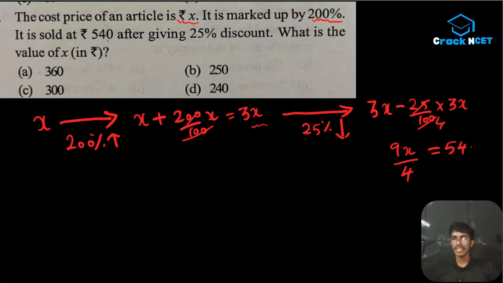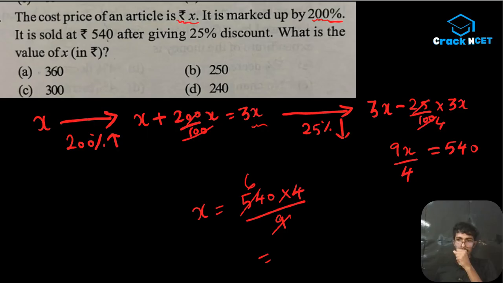So the final value is 9x by 4 is equal to 540. So what is the value of x? X is equal to 540 into 4 by 9. So what is going to be the value of this? 240. Easy question? Yes, of course.